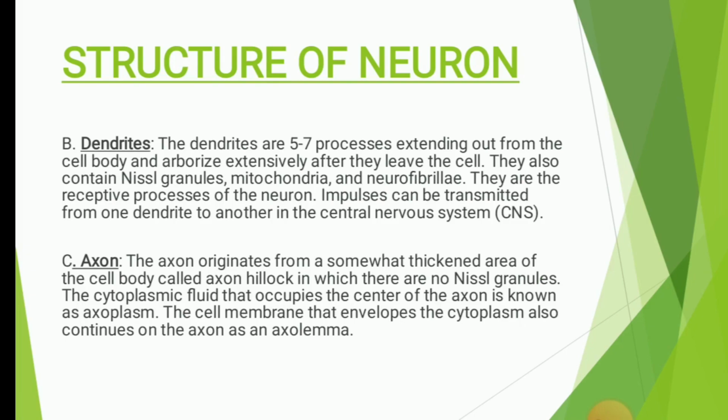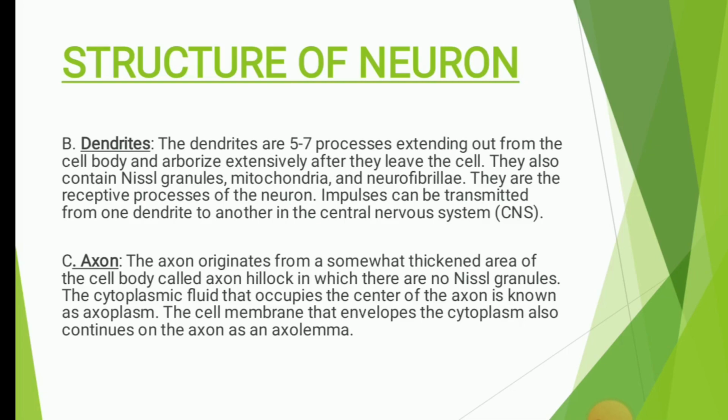Impulses can be transmitted from one dendrite to another dendrite of another neurons. They are basically the receptors which carry the impulses from one axon of other neuron to the cell body of next neuron.